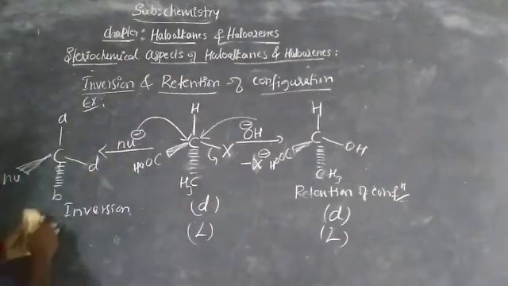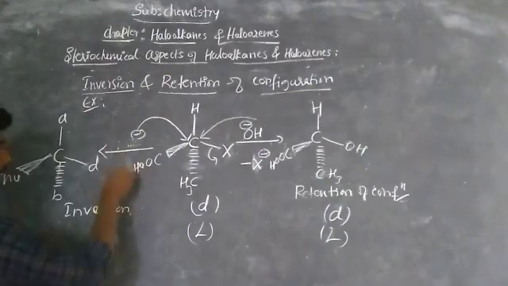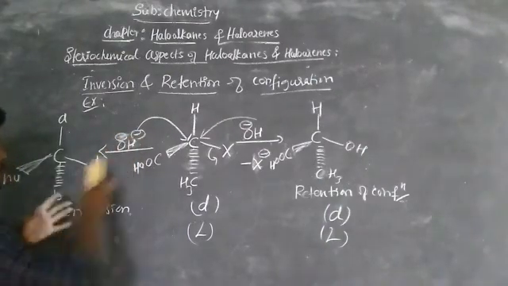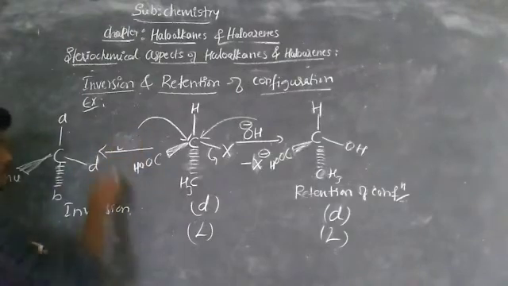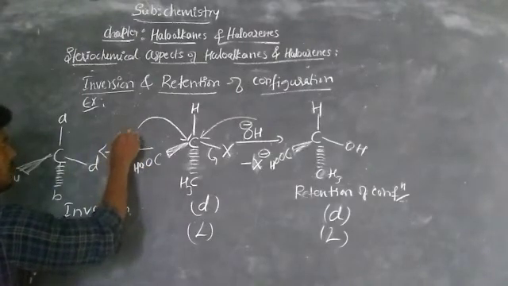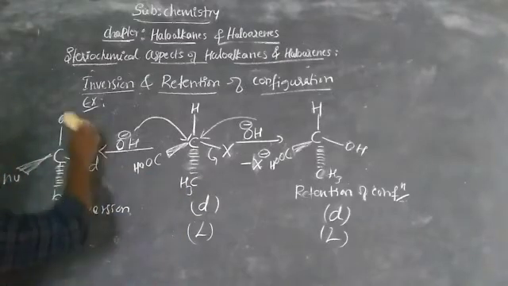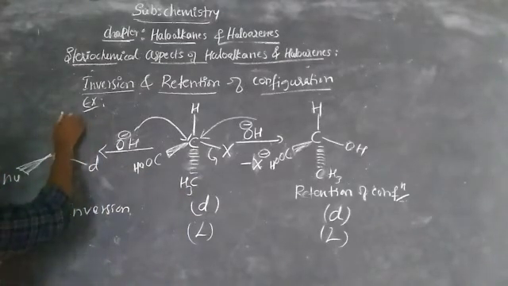Similarly, when nucleophile OH attacks the backside of the leaving group, what you get is that the configuration changes, right? The nucleophile attacks the backside of the leaving group, and in place of H you get H only.